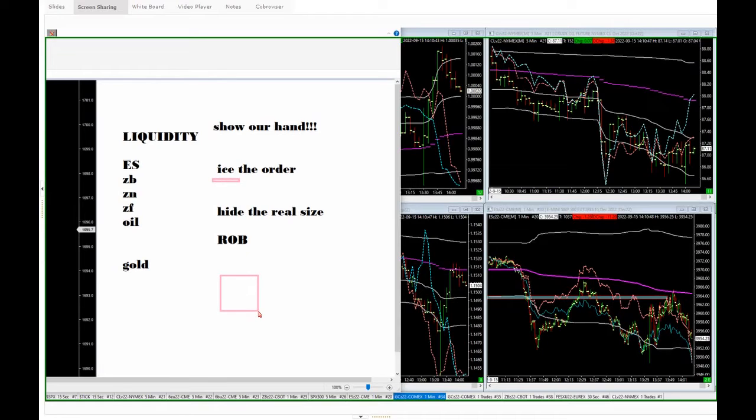Yes, a pink dotted box around a red filler, or a pink dotted box around a green filler. And that's what we would then understand to be an iced order.